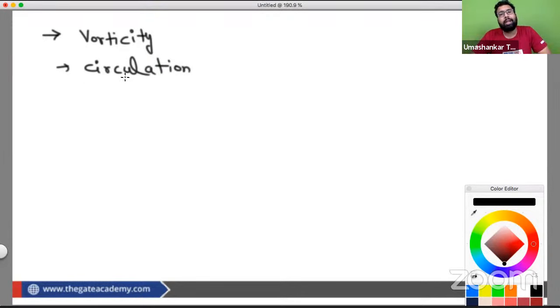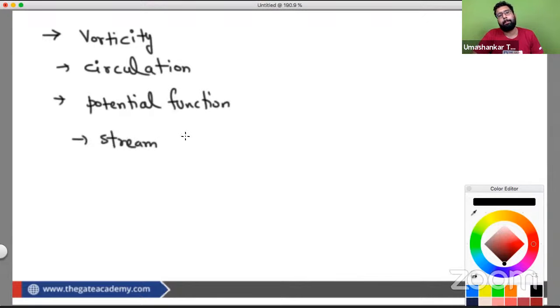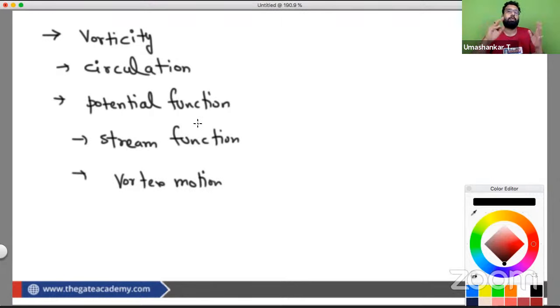So what else is to be studied? Vorticity, circulation, potential function, stream function, and vortex motion. All these things are to be studied on our own. We are not going to cover them in today's session.